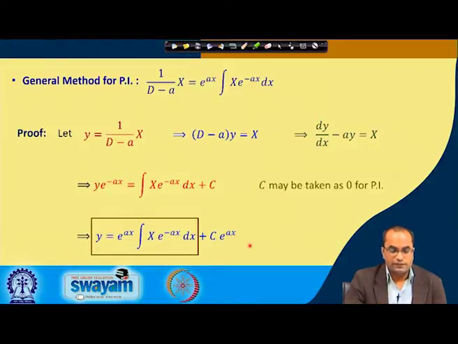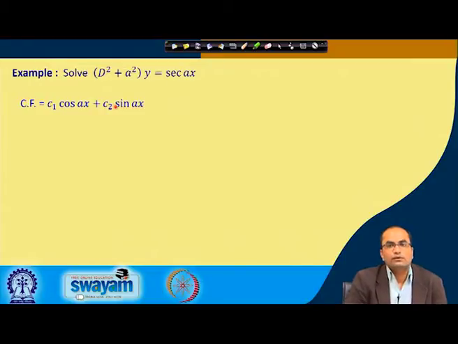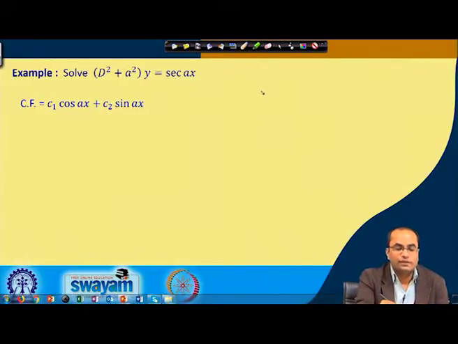This is very important for this lecture, and we can use this formula, for instance, to solve d square plus a square y equal to sec a x. First, we need to find the complementary function, and for that we need the auxiliary equation.